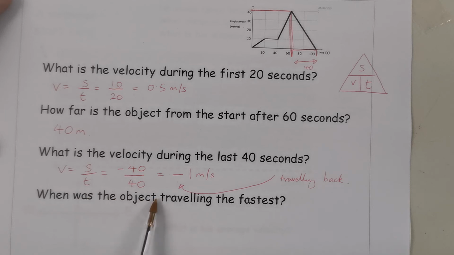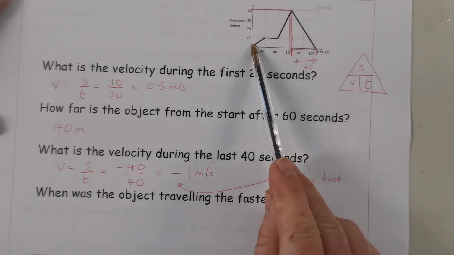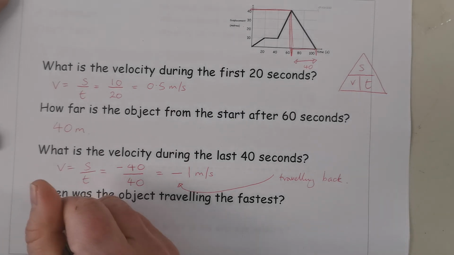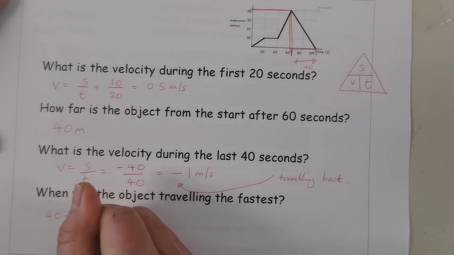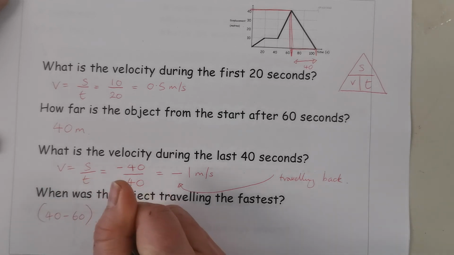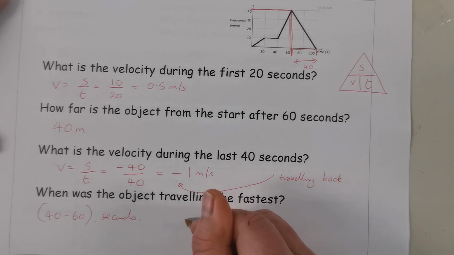When was the object traveling the fastest? Well, I can actually calculate this, but I can see it quite clearly. It's where this gradient was the biggest, so I can really see it's from 40 to 60 seconds. If I wanted to prove that, let's do it very quickly.